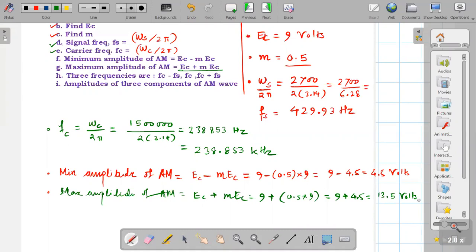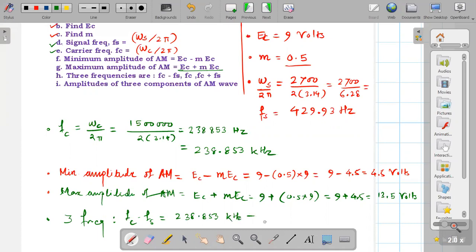And next is three frequencies. That is fc minus fs, fc, fc plus fs. Yes, fc minus fs. What is your fc? 238.853 kilo.